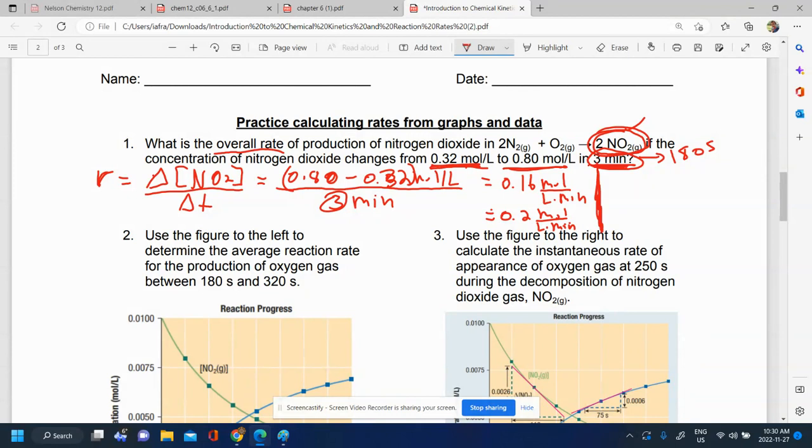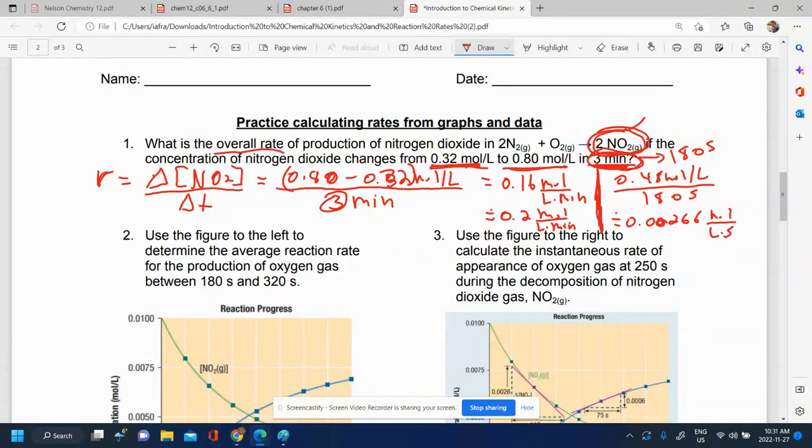So you'd have your 0.8 minus 0.32, which is 0.48 moles per liter, over the 180 seconds. And that would have been divided by 180, giving 0.00266, and it keeps going, moles per liter second.